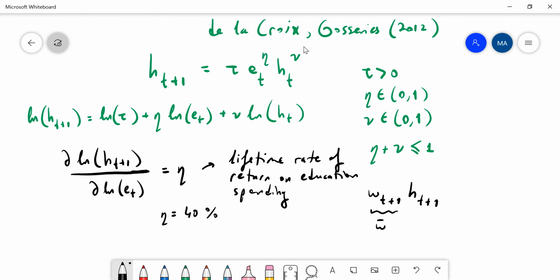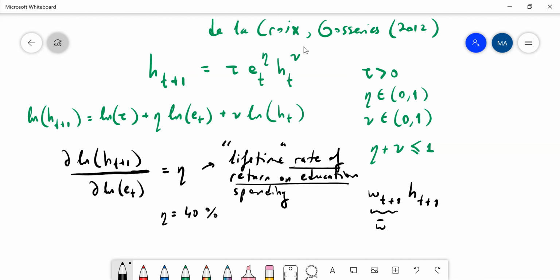Well, if you increase your education spending for your kid by 1%, then you create a 40% increase in your kid's human capital and income. Now, this rate of return on education is of course a lifetime return, right?